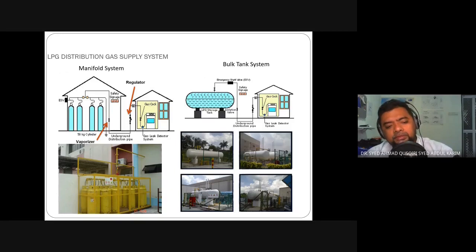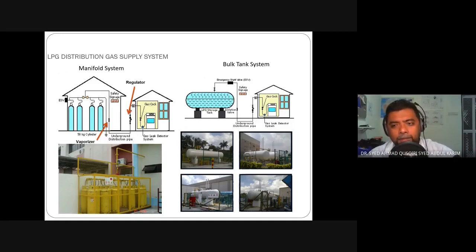This manifold system is usually put outside the building to provide more space for the kitchen as well as for safety purposes. Because if there is a leakage to the manifold system, because it's positioned outside, it is not as big a threat compared to if the system is put indoors and there's a leakage of gas.